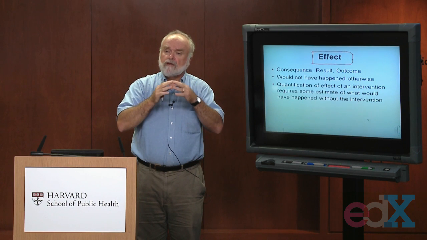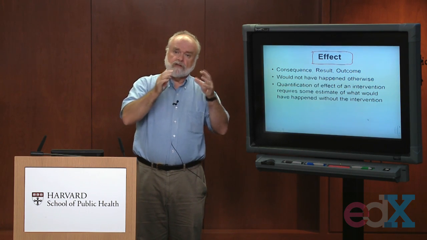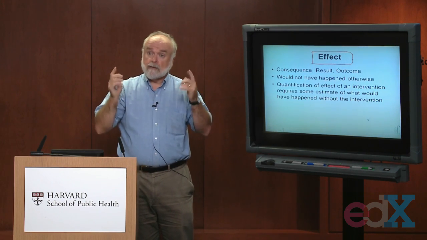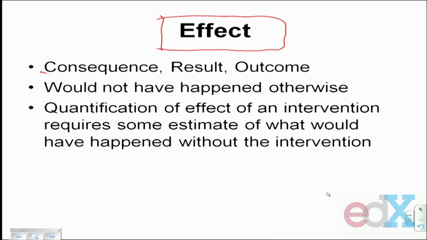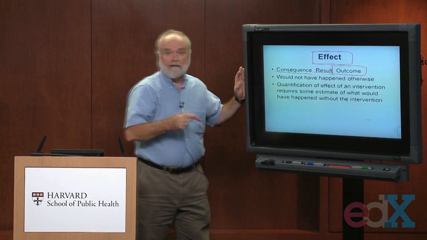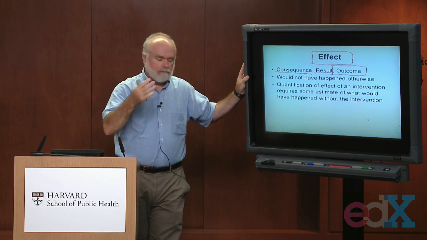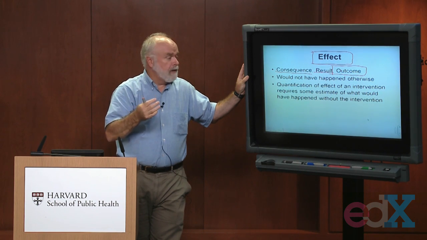In both cases, we're looking at effects. What influence does one factor have on the occurrence of another factor? So conceptually, effects deal with consequences of a risk factor or the result or the impact of a risk factor. We've been referring to those as the outcome of this particular risk factor. What does it cause? What does it bring about in a group of people?